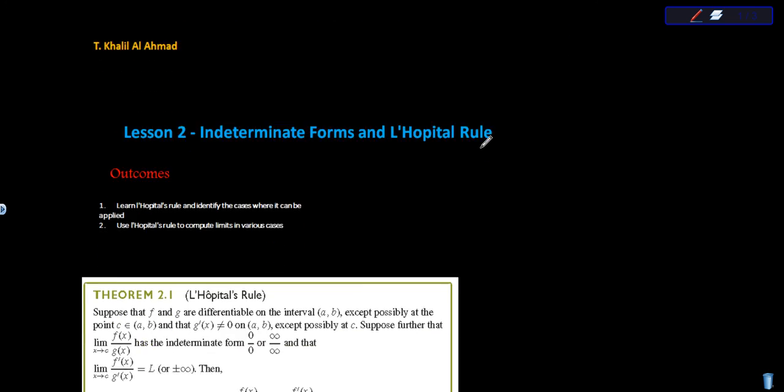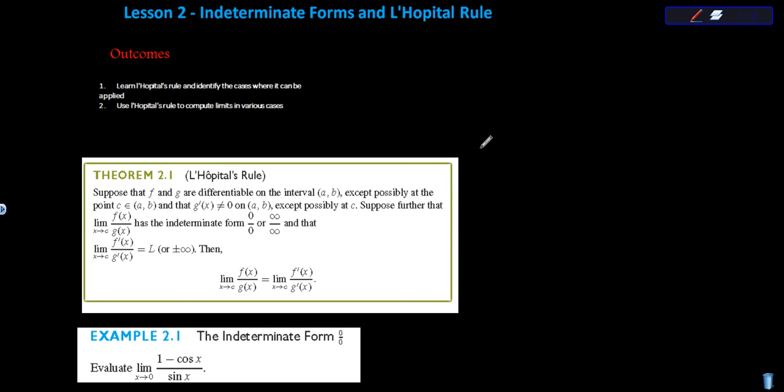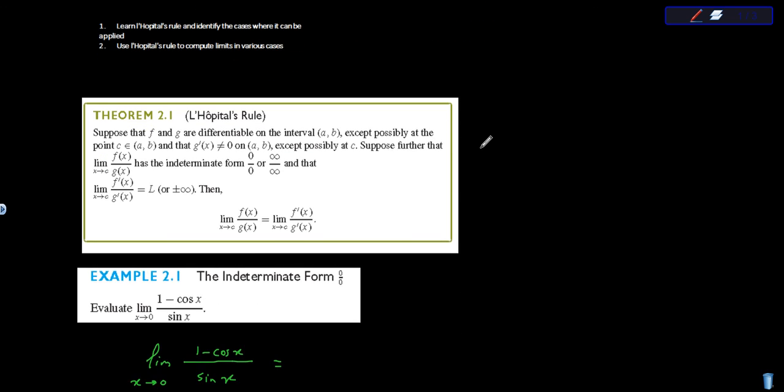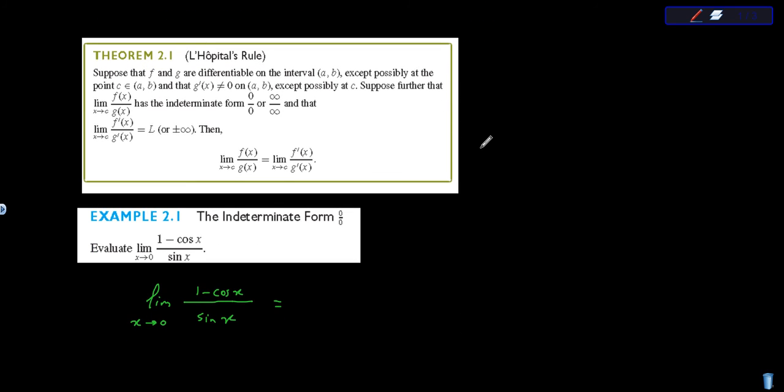Let's start here. L'Hopital's rule. What is L'Hopital's rule? Suppose that f and g are differentiable on the interval from a to b, except possibly at the point c belonging to the interval, and that g prime of x isn't equal to 0 on the same interval, except possibly at c.